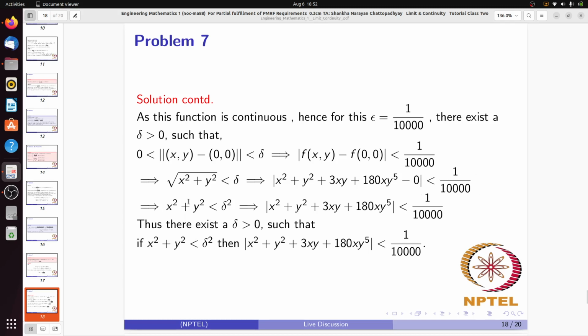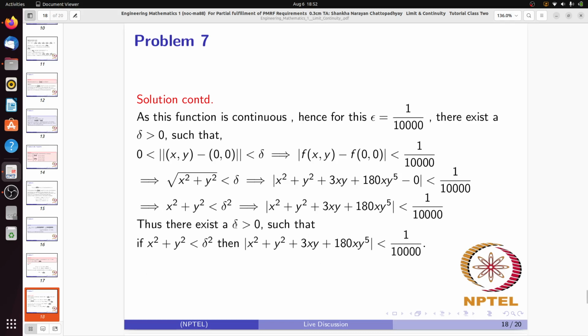So x square plus y square is less than delta square. That will eventually imply that x square plus y square plus 3xy plus 180xy to the power 5 is less than 1 by 10,000. Thus there exists a delta greater than 0 such that if x square plus y square is less than delta square, then x square plus y square plus 3xy plus 180xy to the power 5 is also less than 1 by 10,000.